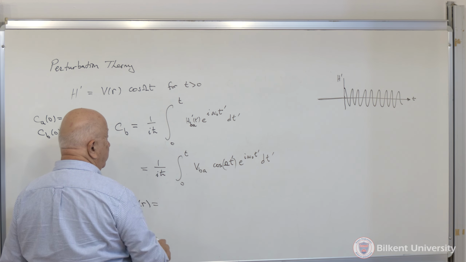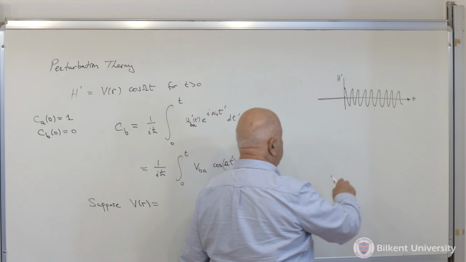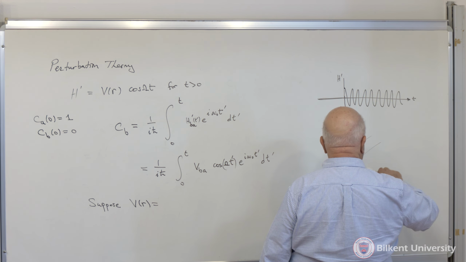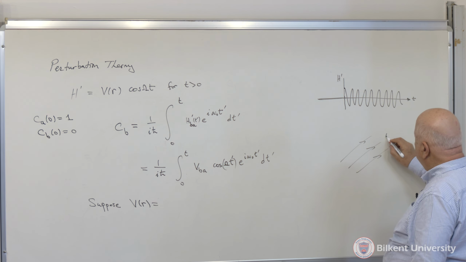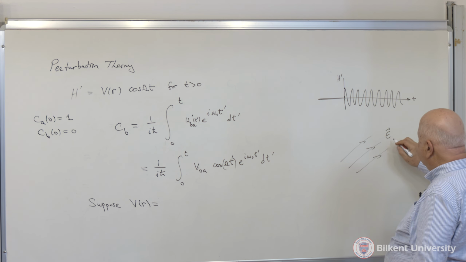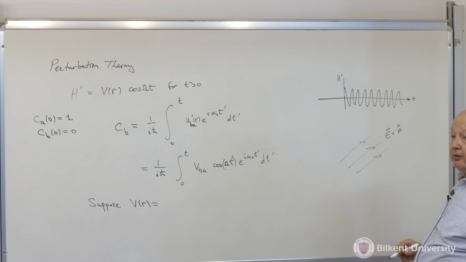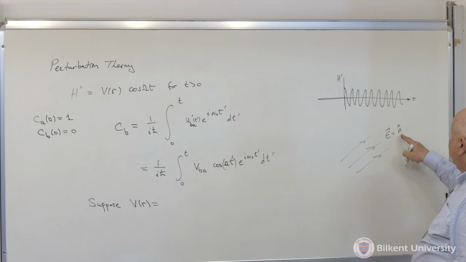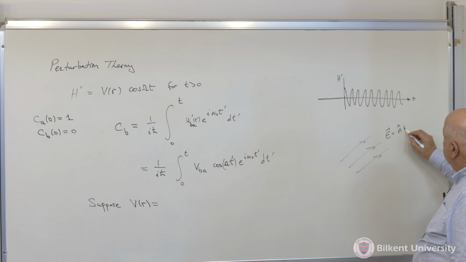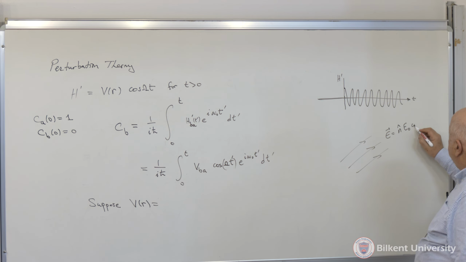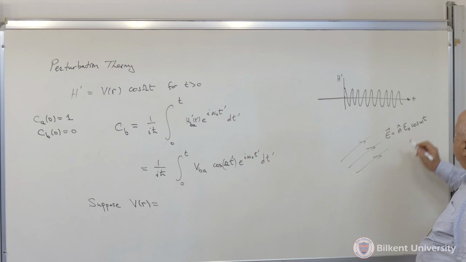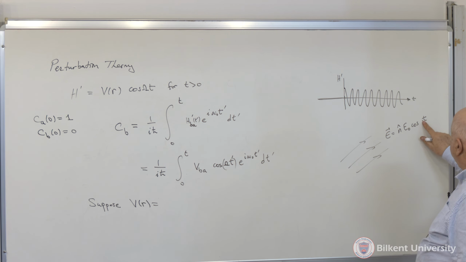I have an electric field in some part of space. The electric field is polarized in some direction. That's the direction of the electric field, and it has some magnitude, E0, and oscillates with cosine capital omega t.